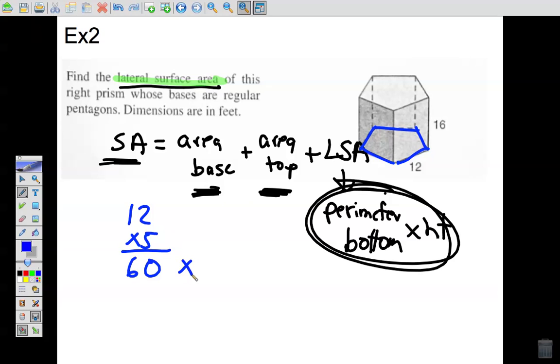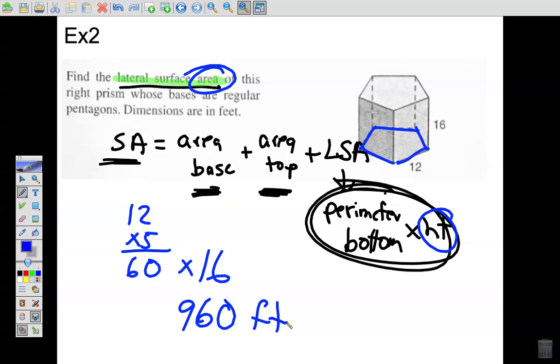Now I'm going to take that times the height of 16. If we take 60 times 16, we get 960. They want area, so what's my label here? It says dimensions are in feet, so it's square feet. That's my lateral surface area.